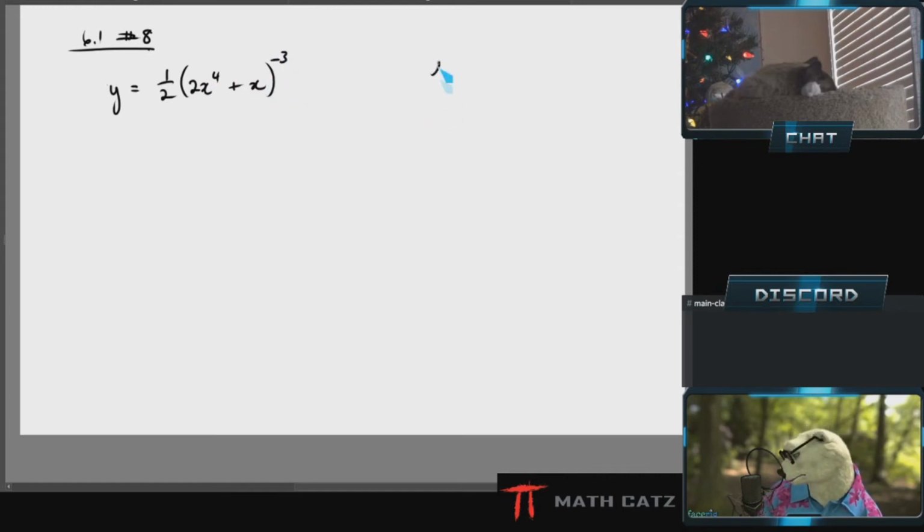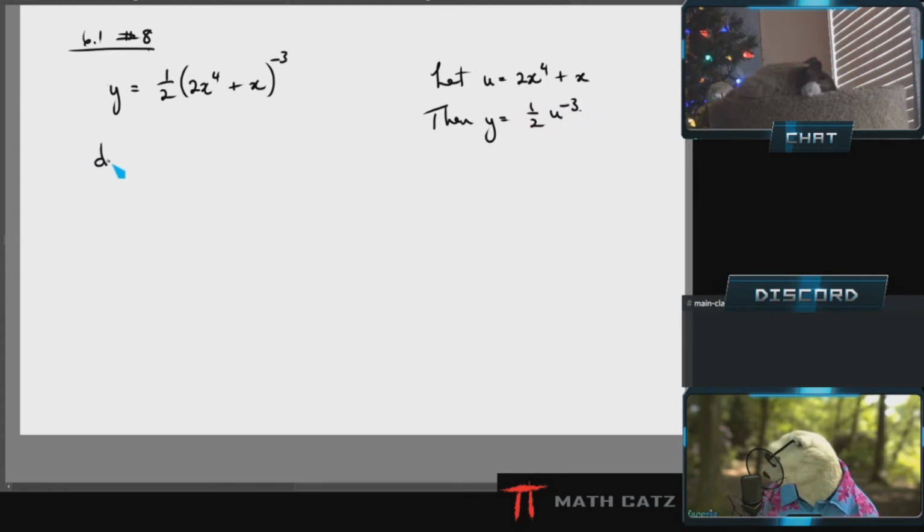Clear chain rule here, right? Let u be the inside function. That almost looks like a 2 there. It's not, there we go. u equals 2x to the 4 plus x. Then y is 1/2 u to the -3.